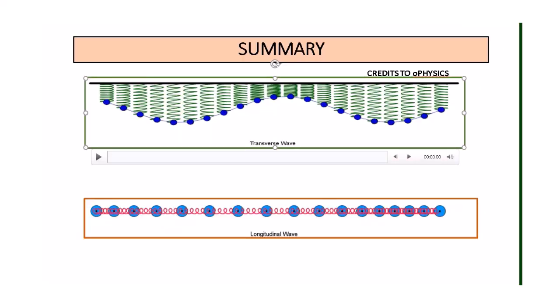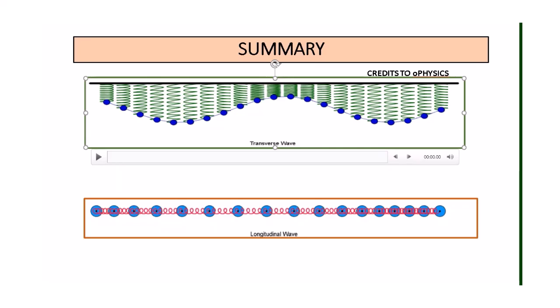By now, you must have understood the nature of both longitudinal and transverse waves. We will now summarize today's portion. With the help of these two simulations, you would be able to distinguish between longitudinal and transverse wave on the basis of motion of the particles more clearly, and this will be a revision for you also.